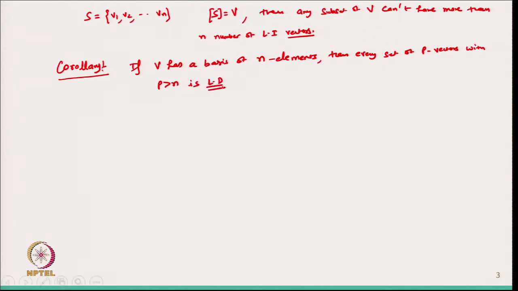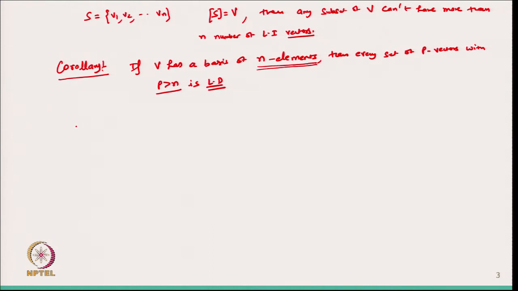That we also saw using one example: because V has a basis which contains n elements, V is n dimensional, and then every set of p vectors with p greater than n is LD.